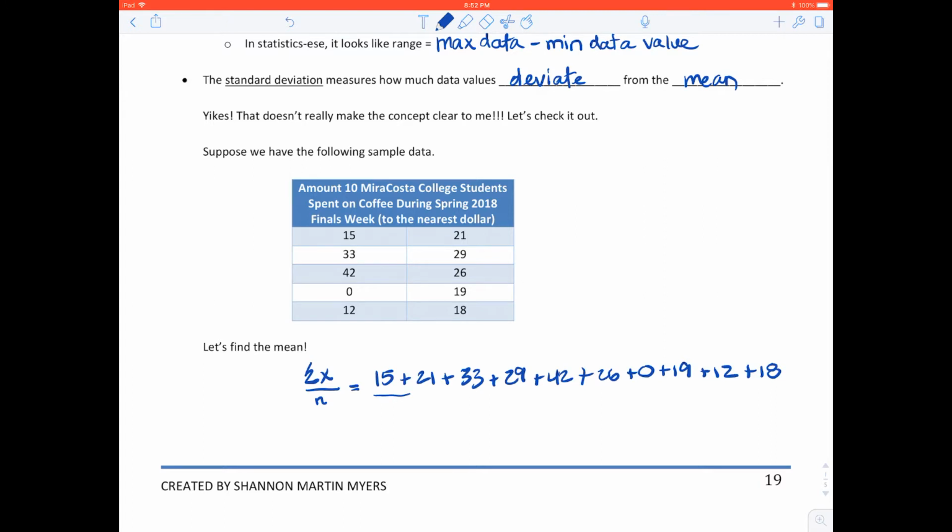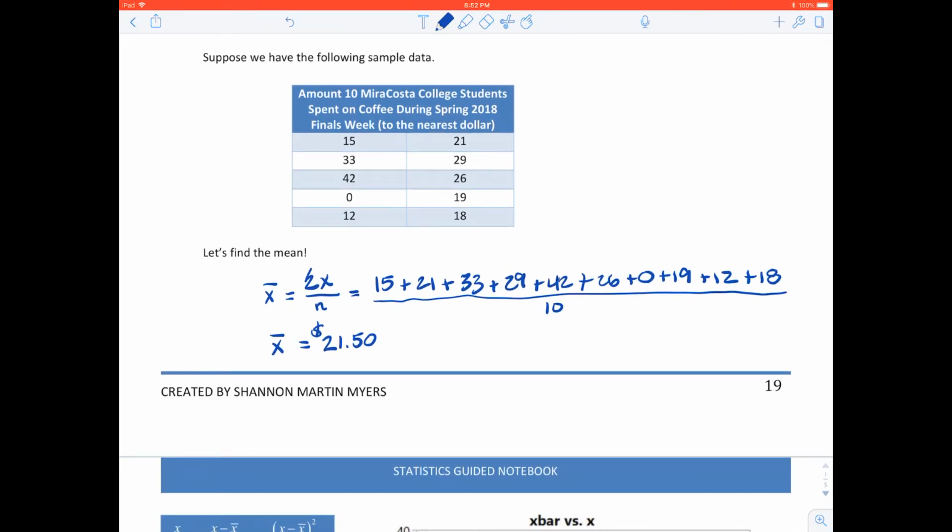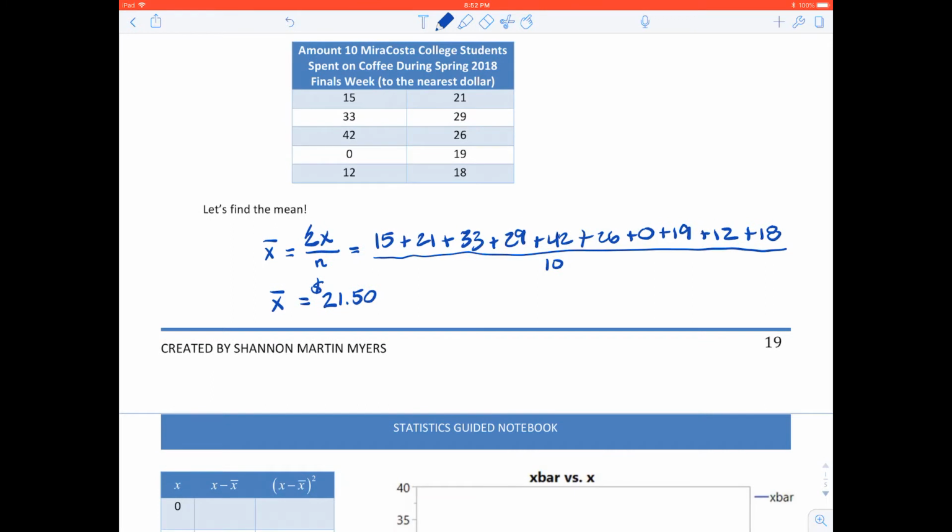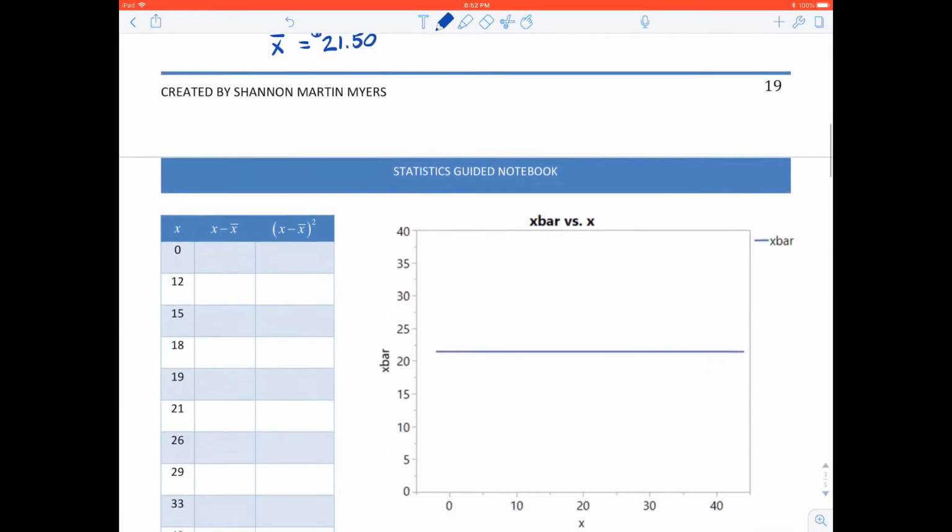So we had 10 data values, and it turns out that, because remember this is x bar, we end up getting x bar is equal to $21.50. Okay? And notice that the mean has the same units, dollars, that the data has.